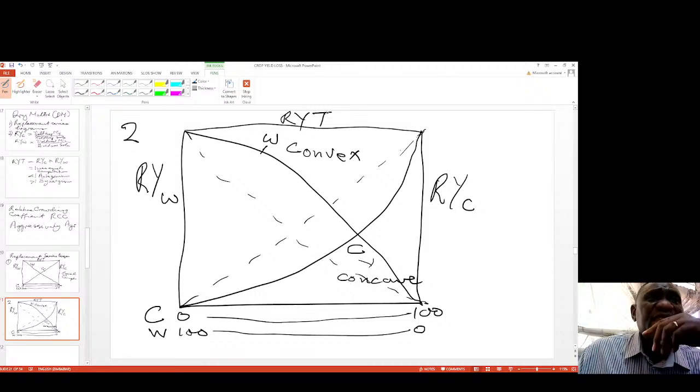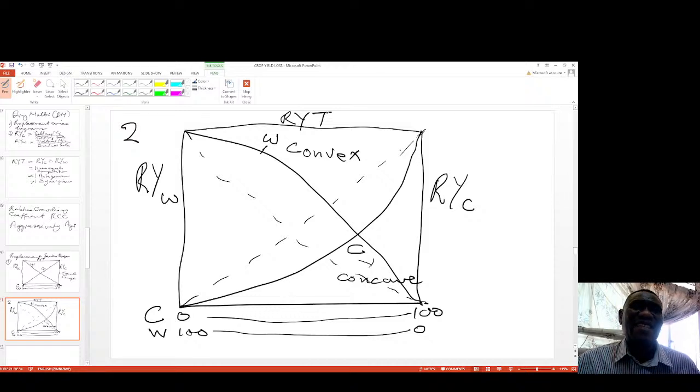When you have the crop being concave and the weed being convex, we say the weed is more competitive than the crop.